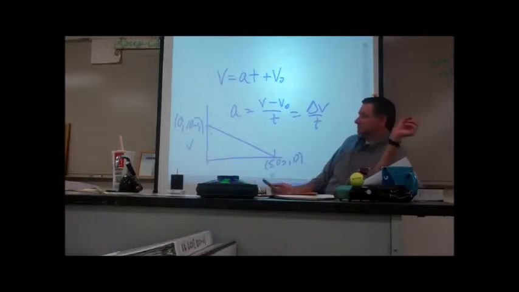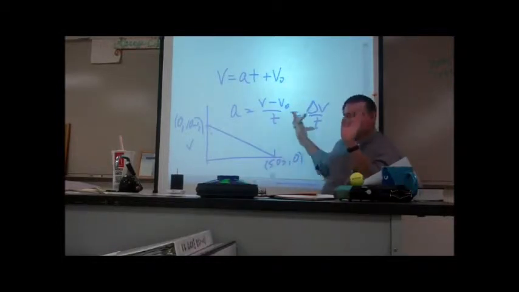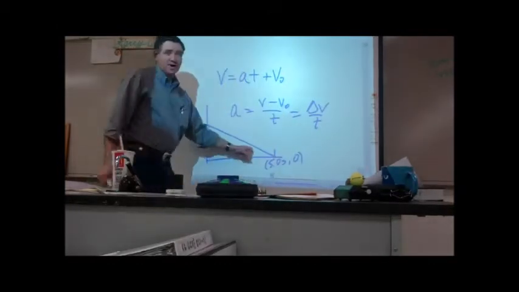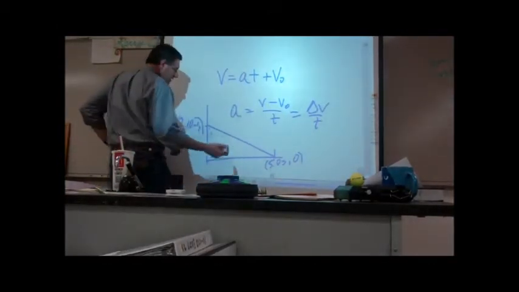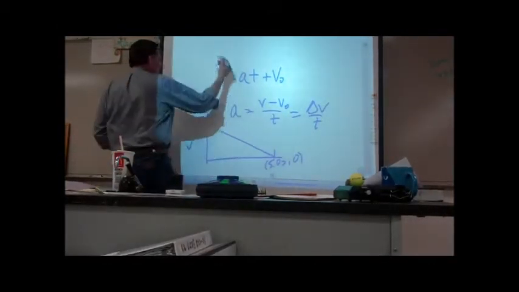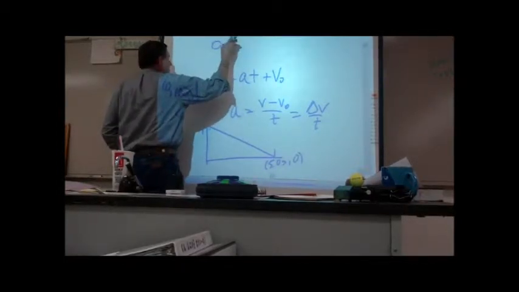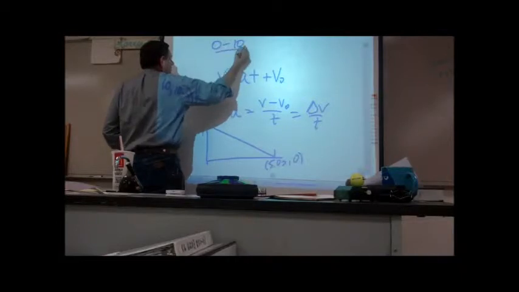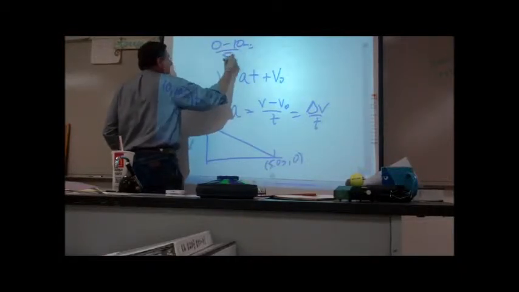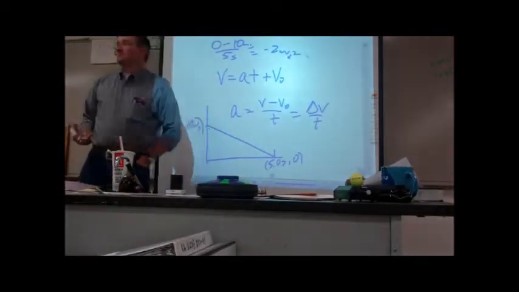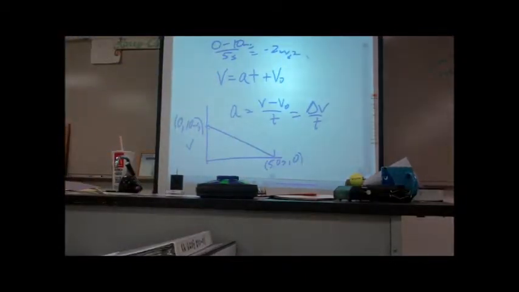So here's the deal. If you don't know this equation, which let's pretend that you don't, and I just gave you this graph, you would sit here and go, oh, okay, this isn't a problem. I'm going to take 0 minus 10 meters per second over 5 seconds, and you would get negative 2 meters per second squared, which would represent what? Acceleration. Right?